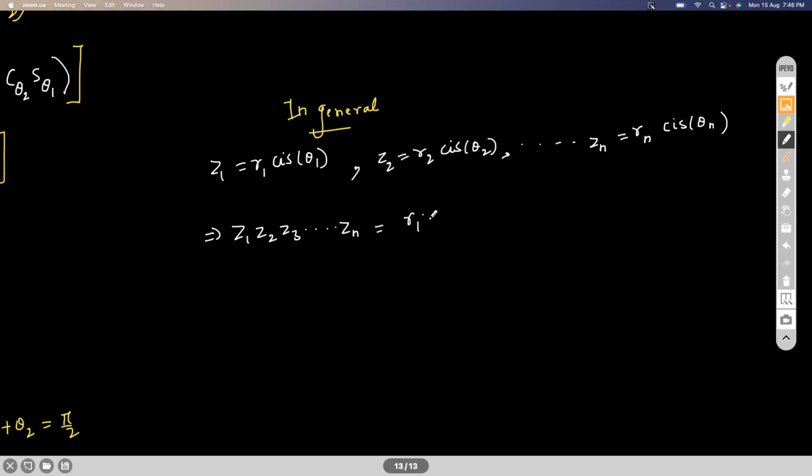You actually get R1, R2, R3 all the way till Rn, cis theta 1 plus theta 2 till theta n.